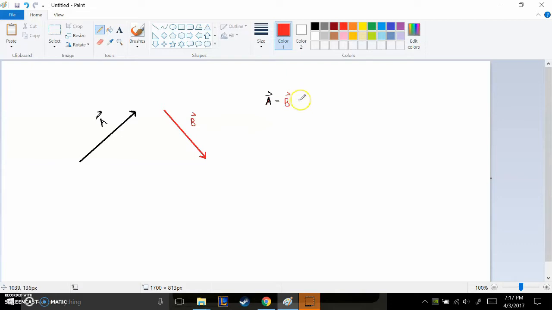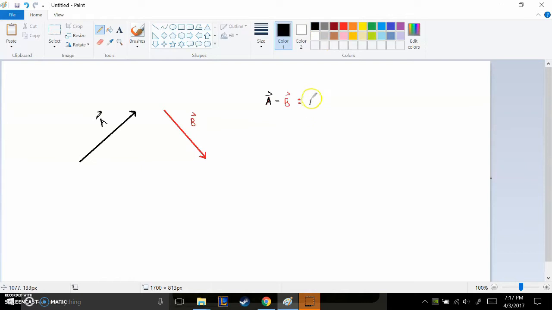So, what we would have to do in this case is change it to addition, basically. Because we know how to do addition, right? So, why learn something new when we can just do what we already know how to do?